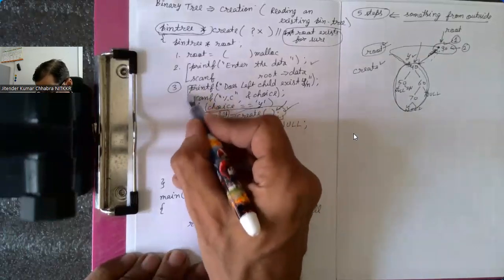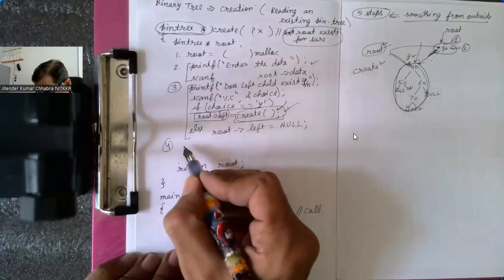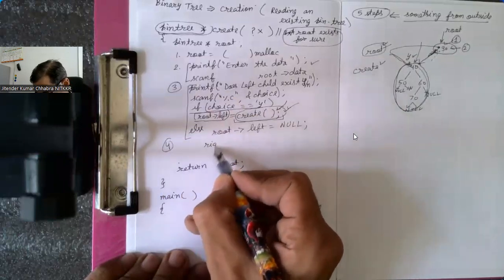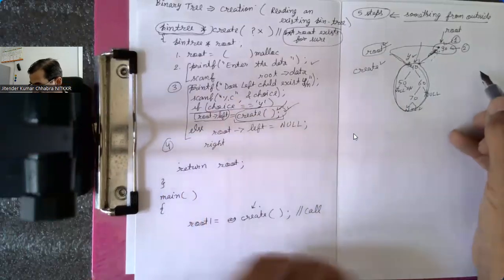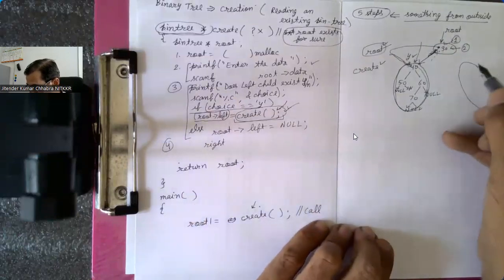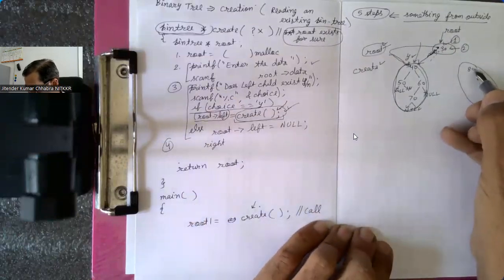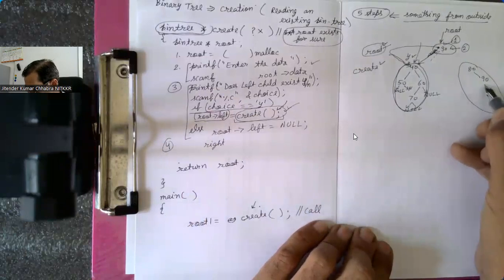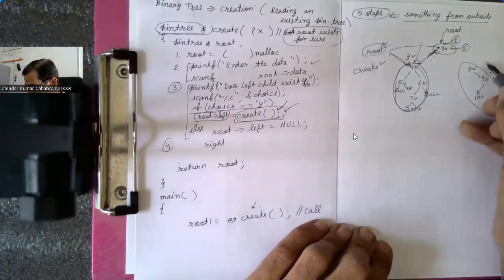And the same process is to be done in step 4 for the right child. So the right child will also mean, let's say I have here data 80, 90, 100 and the remaining null. So this will again be returned by the right side call.